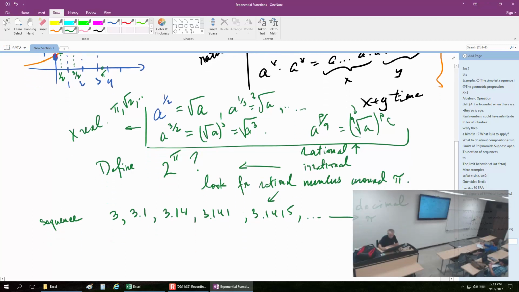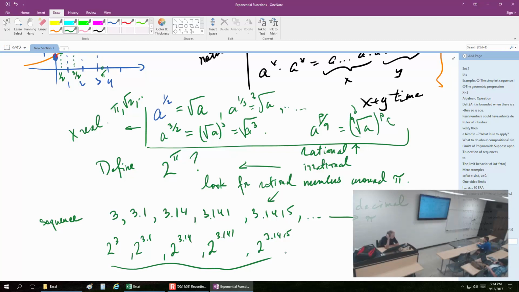The point being that we know 2 cubed, 2 to the 3.1, 2 to the 3.14, 2 to the 3.141, 2 to the 3.1415. All of these we understand because we know how to handle exponents with a rational argument.